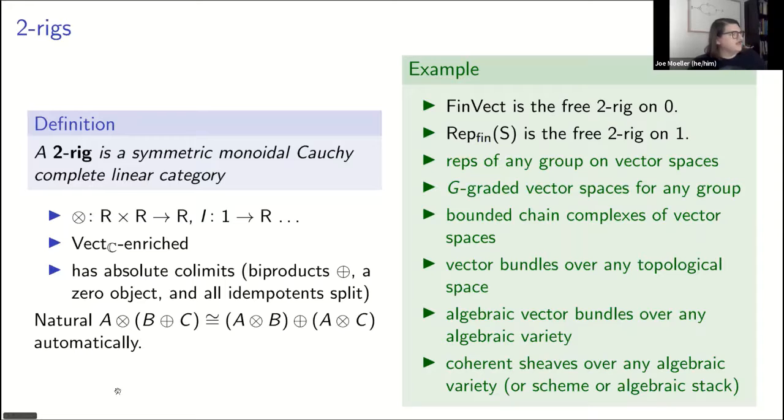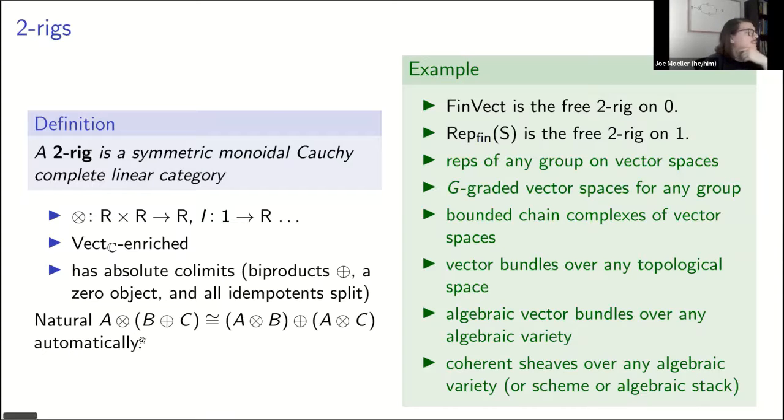And it's also Cauchy complete, which in this case just means that we have biproducts. We have direct sums, where products and coproducts coincide. We also have a zero object, which is both initial and terminal. And we also have that all idempotents split. You either know what that means or you don't. If you don't, you can just ignore it.